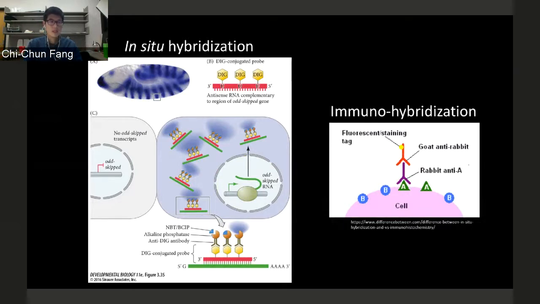So this is the same idea. The dig label is the site that the anti-dig antibody can bind to. It's like making different layers of sandwiches. We also have alkaline phosphatase attached to that antibody, and then we use chemicals, NBT and BCIP, to make the color.